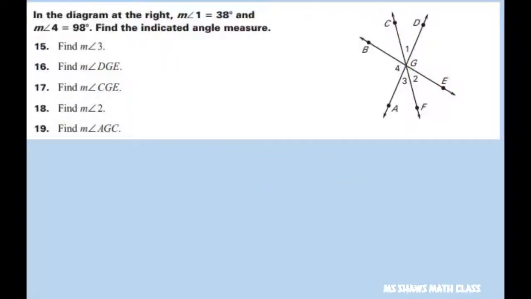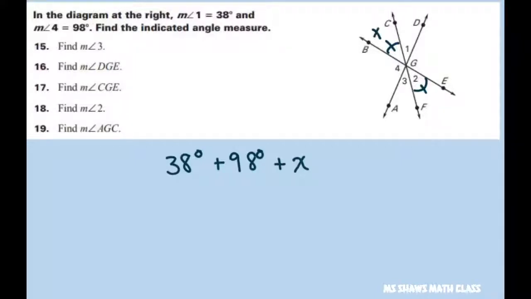All right, and measure of angle 2. So let's see what's going on with that one. So I know these two are congruent, but I don't know what that is. So we have the measure of angle 1 is 38 degrees. And we know the measure of angle 4 is 98 degrees. And then we have a plus x.